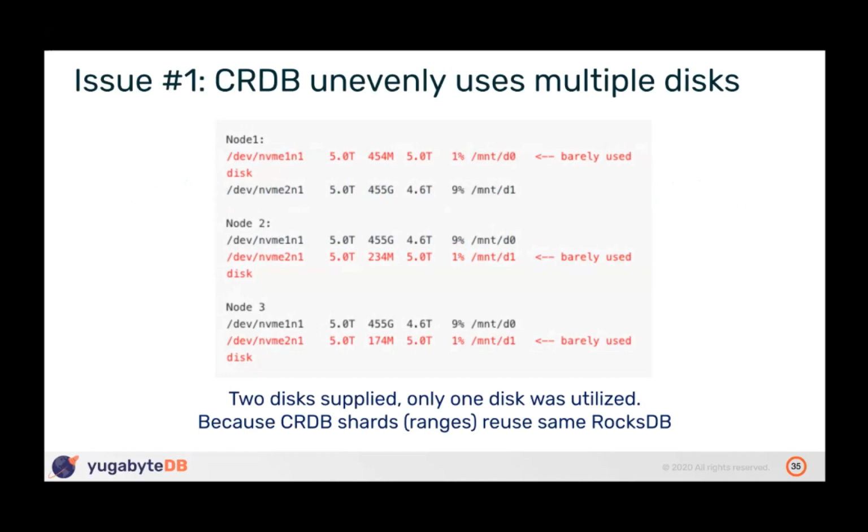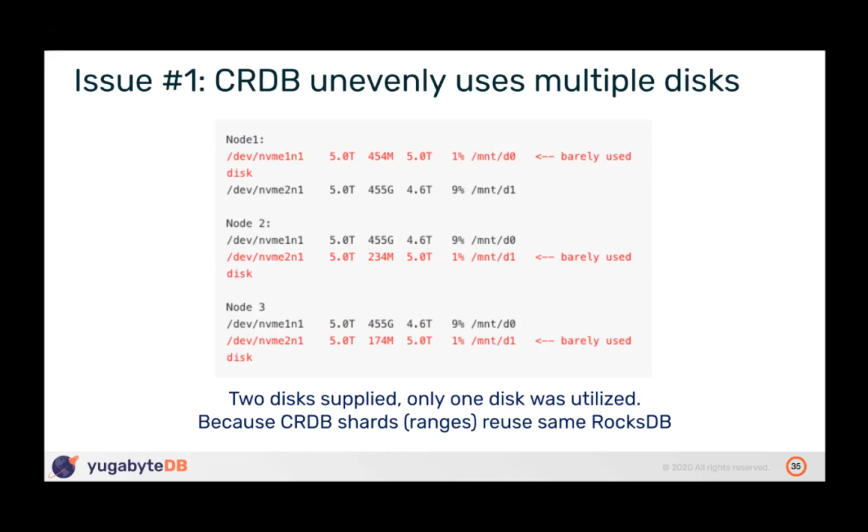So the first thing we noticed was CockroachDB was using one disk much more than the other, and it wasn't really evenly dispersing data across the 2 disks, right? Our guess, based on looking at their architecture, is that CockroachDB's shards, which are called ranges, all get packed into a single RocksDB.